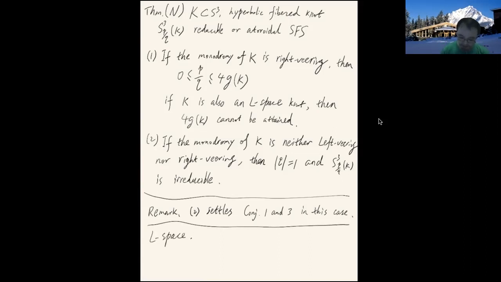But if you haven't seen it, I guess it doesn't matter. A rational homology sphere Y is an L space if the rank of HF hat of Y is equal to the order of the first homology.